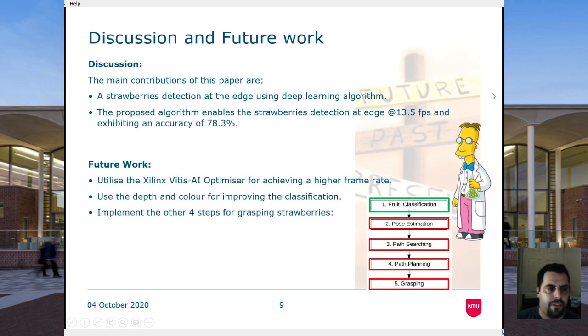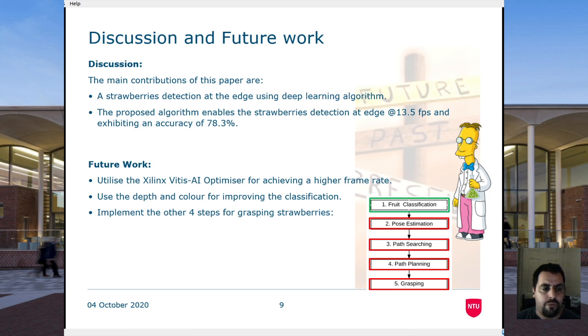So, in terms of discussion, the main contribution of this paper is strawberry detection at the edge using a deep learning algorithm. We managed to accomplish this goal. The proposed algorithm enables strawberry detection at the edge at 35 frames per second, exhibiting an accuracy of 78.3%.